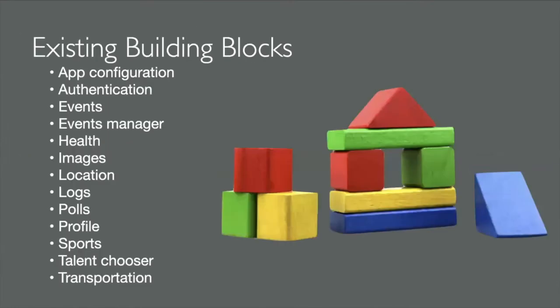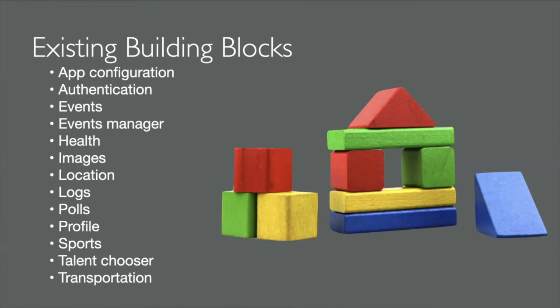So in terms of the existing building blocks that we've developed, you can see there's quite a list here. And the idea was that if we can provide some basic functionality that's reusable in these building blocks, it would be a real benefit to anybody who wants to pick up and implement the Rokwire platform in their environment.